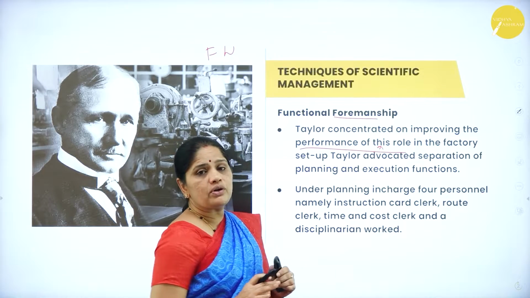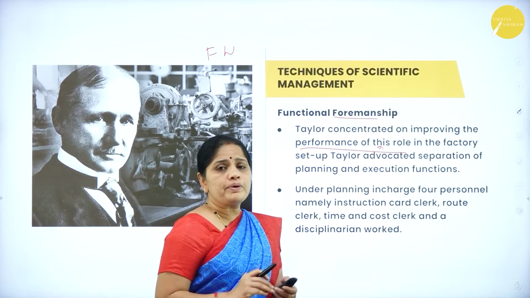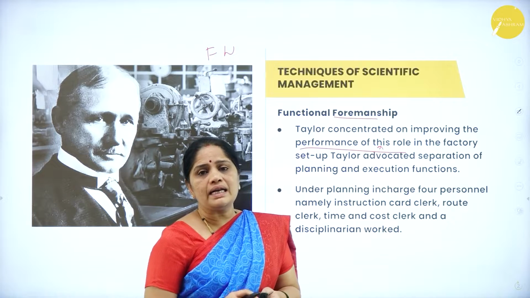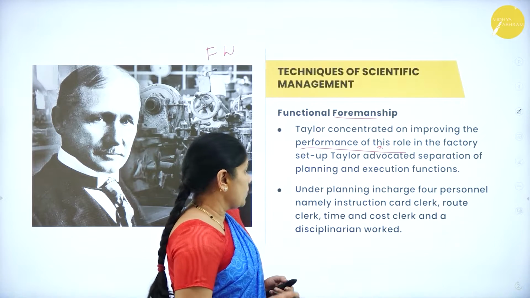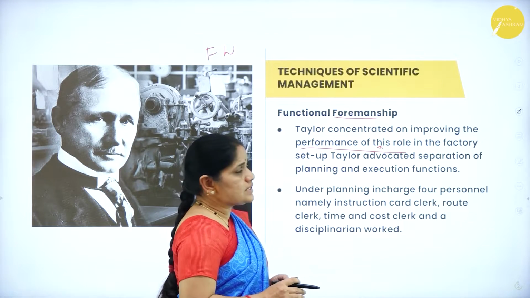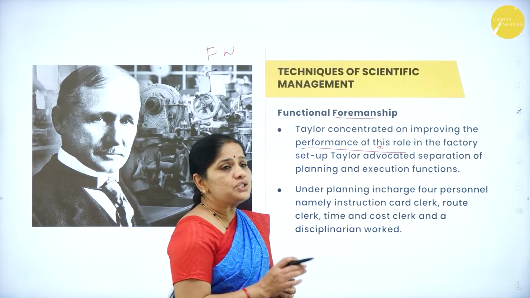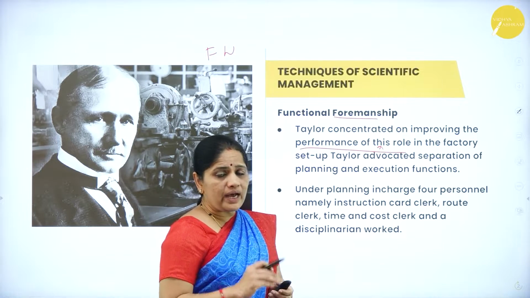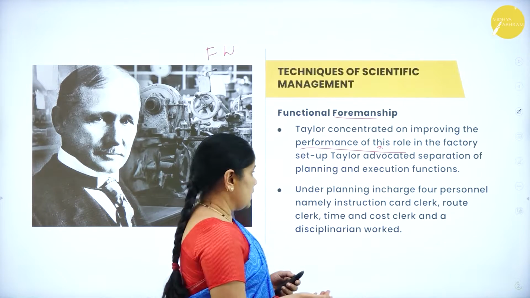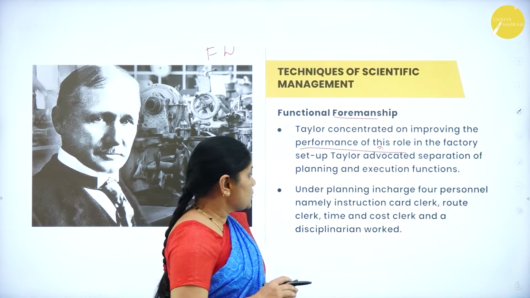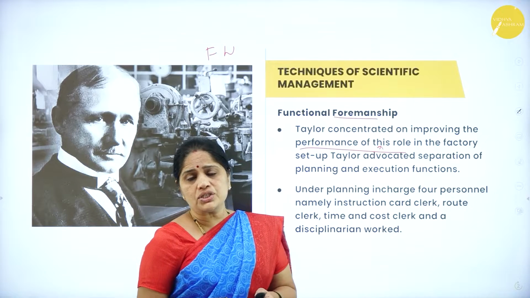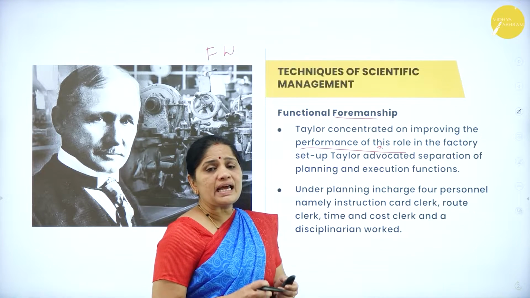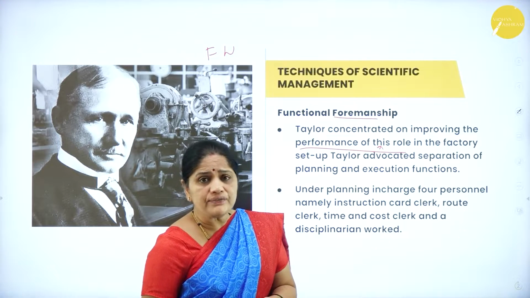Now, on the shop floor also, we need to have proper planning of the functions and later the execution. He said that we should separate the planning function, which should be given to persons who are intellectuals and who have the technical knowledge, and the execution functions should be given to persons who are energetic and full of strength.